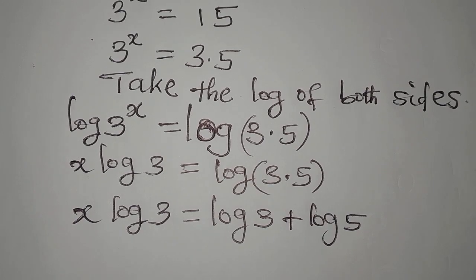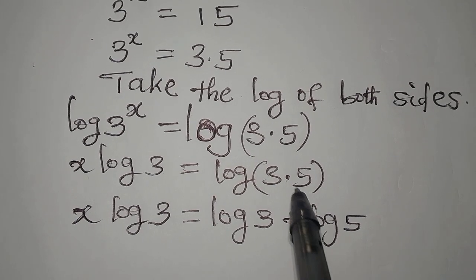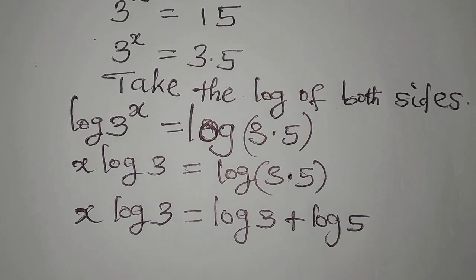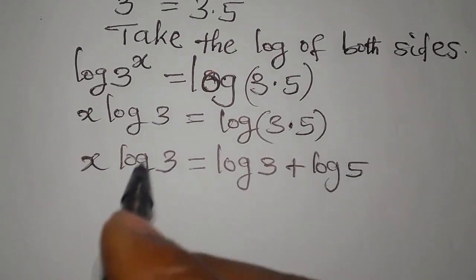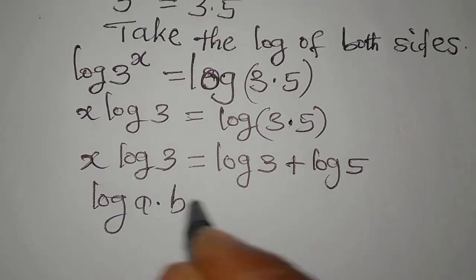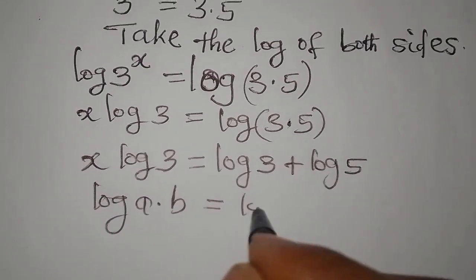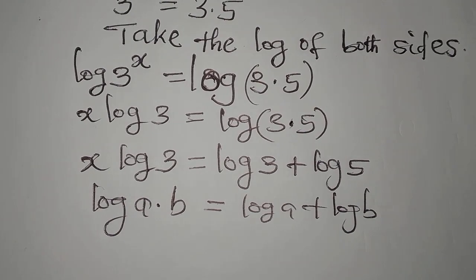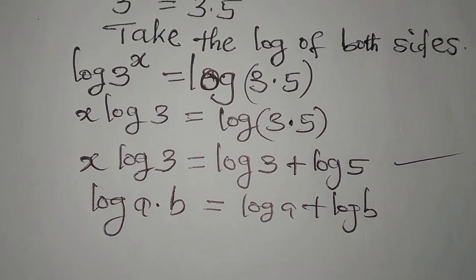I did this because of this multiplication, we are to add the two logs. Remember that the log of a multiplied by b is the same thing as log a plus the log of b, and that is what I just did over here.